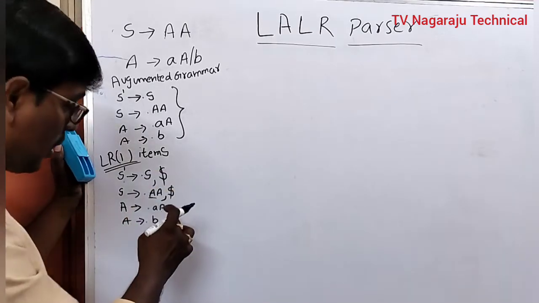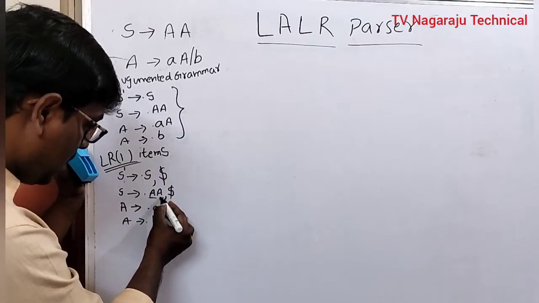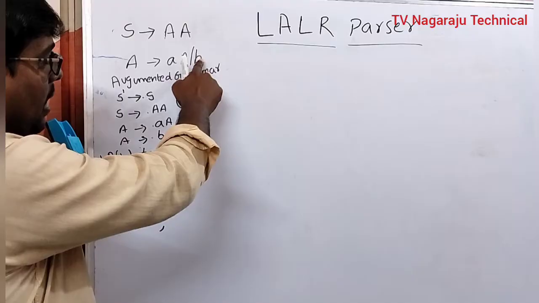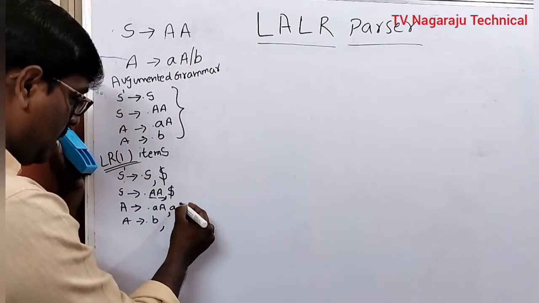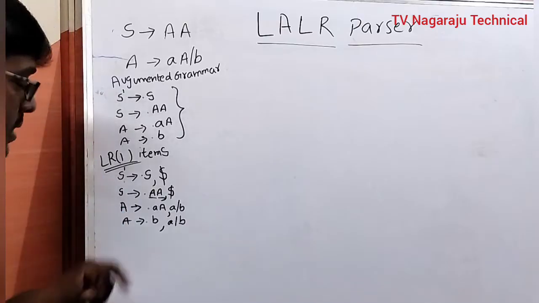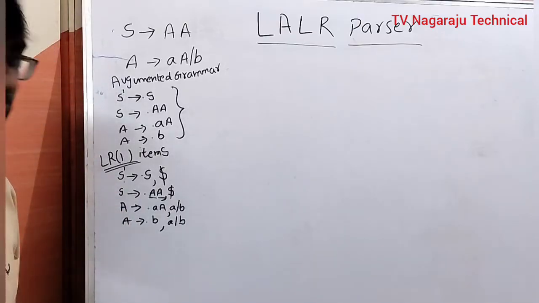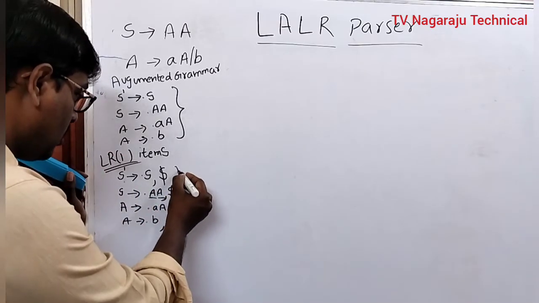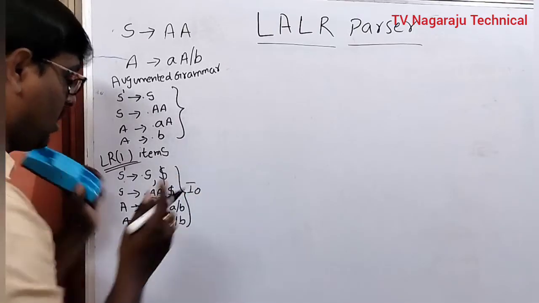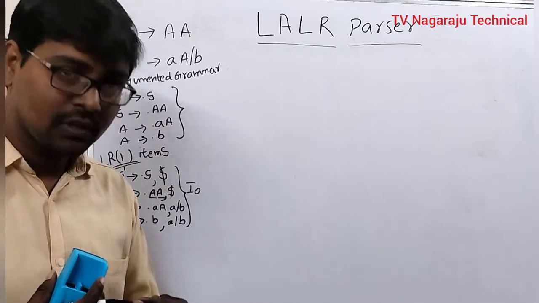Next to the look ahead symbols are simply first of this one. What is the first of A? a comma b. So simply a by b. This is my first LR item. Assume this LR(1) item is considered as I naught. This is the first item.